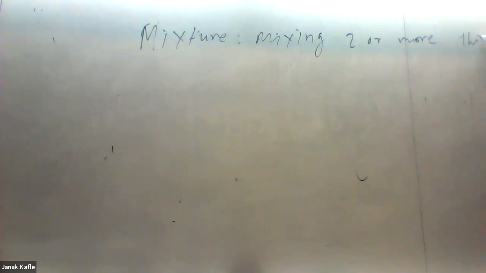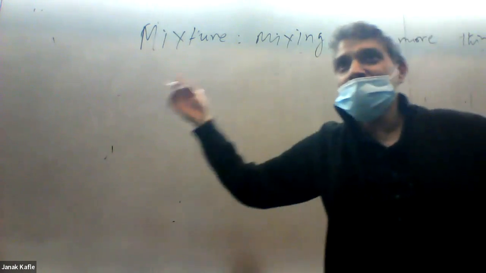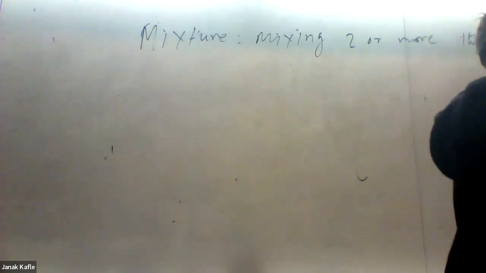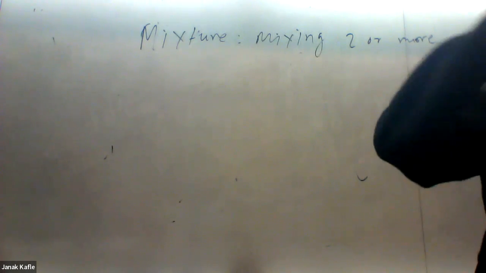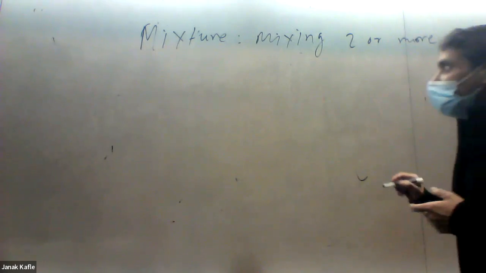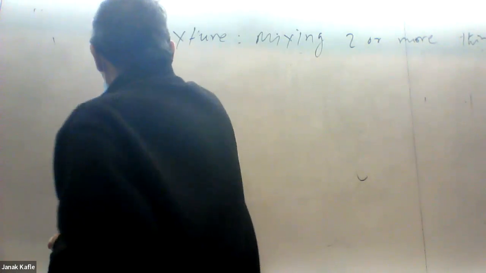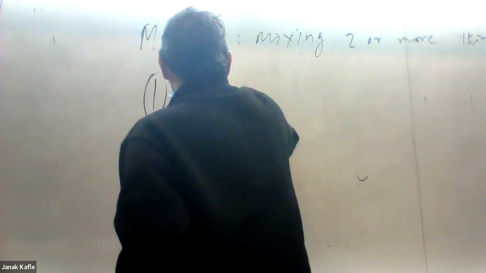You can take 1 kg salt and 2 kg water, and you can dump together, right? Or you can take 5 kg water and 1 kg salt, and you can dump together. So they are called a mixture, right? So in any ratio. Now, mixtures are 2 kinds. One is a homogeneous mixture.